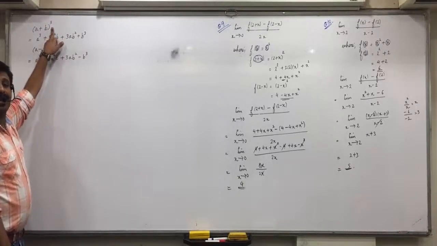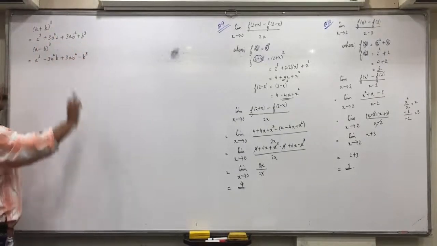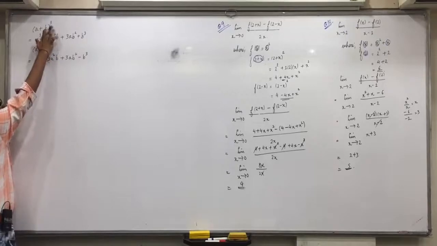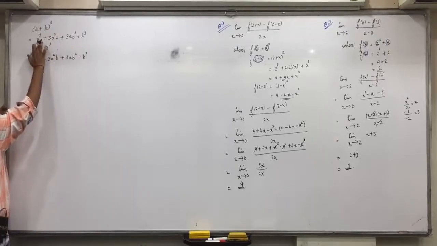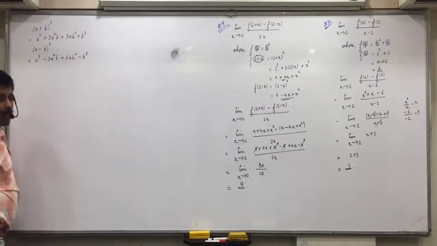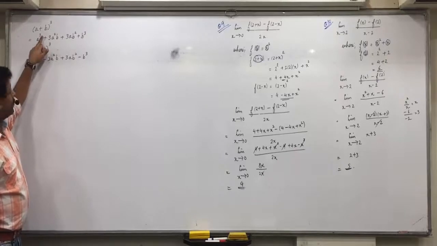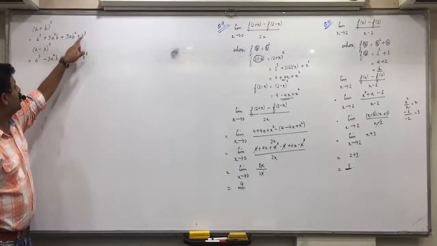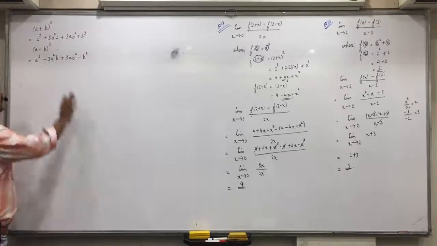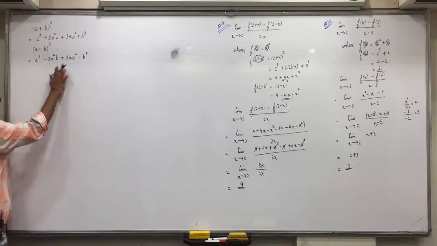As per Pascal's triangle, for power 3 the coefficients are 1, 3, 3, 1. Start with a raised to 3 and keep decreasing the powers, and start with b raised to 0 and keep increasing. Same with a minus b, but the signs become minus, plus, minus.